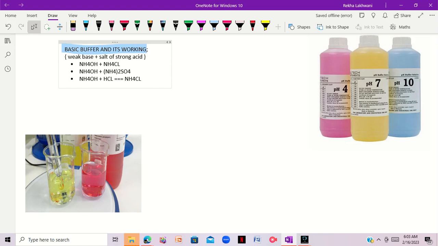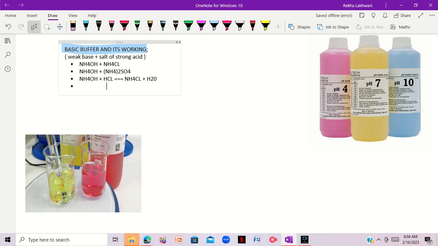But in this condition, you must always remember that the concentration of HCl must be less, so it can easily get cancelled out.